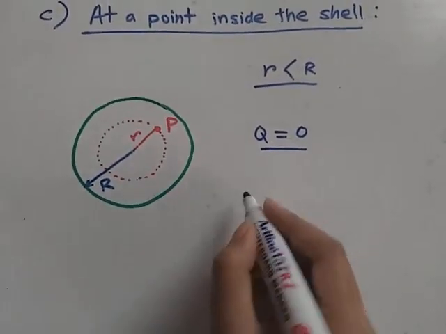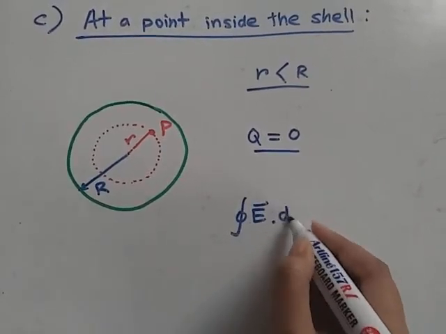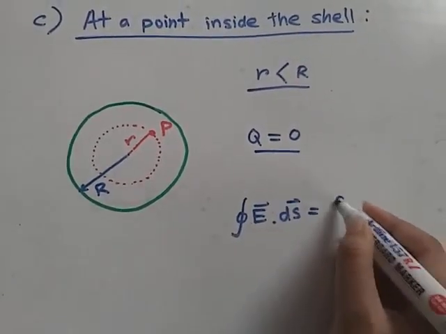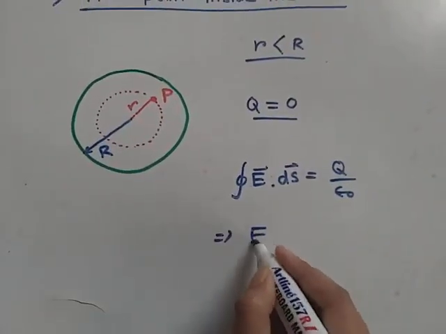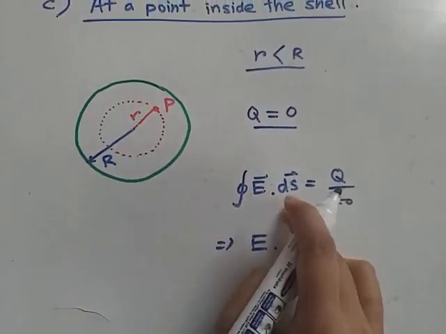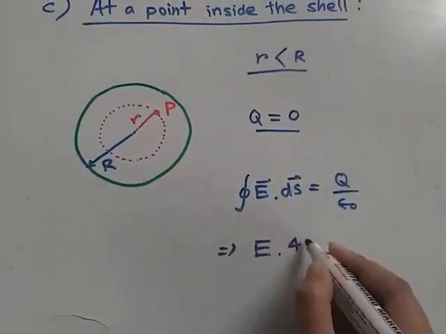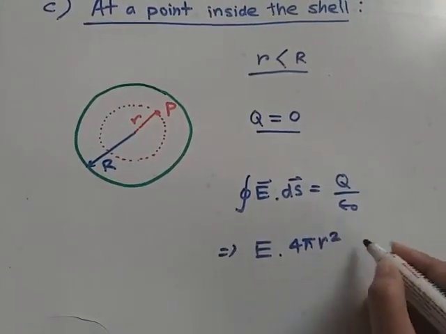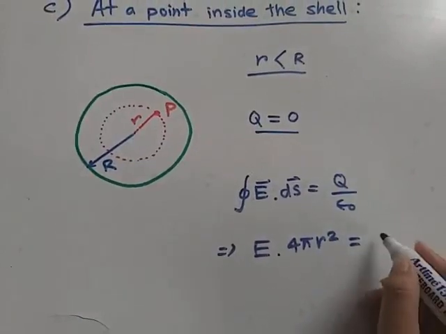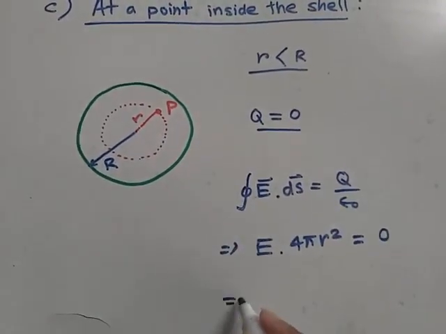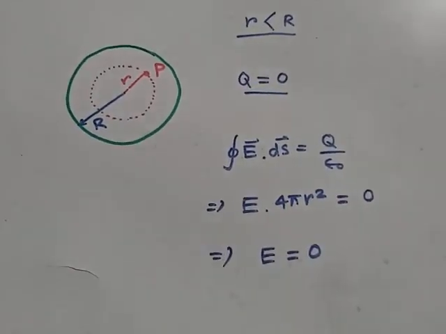Now if we apply Gauss's law, that is closed integral of E dot ds is equal to Q by epsilon naught, we can write E into ds, meaning the total cross-section area of the Gaussian surface, that is 4 pi small r square, is equal to, we know the value of Q is 0, so this is 0, and for that we can find the value of E is equal to 0.